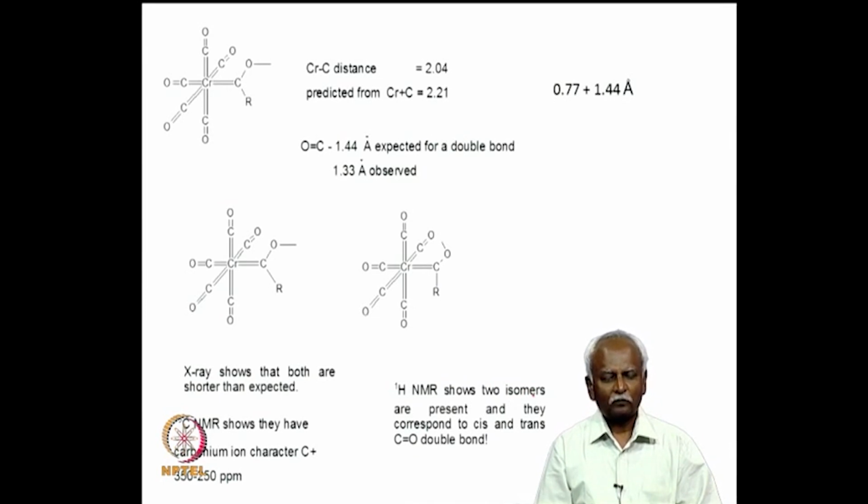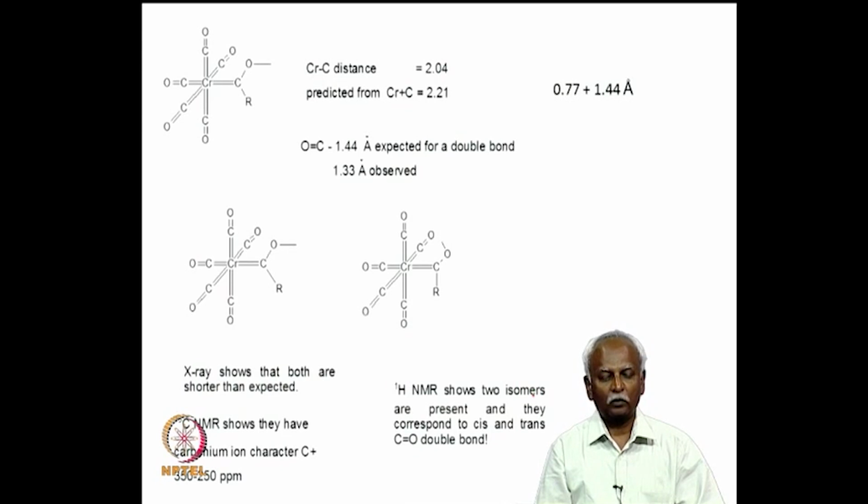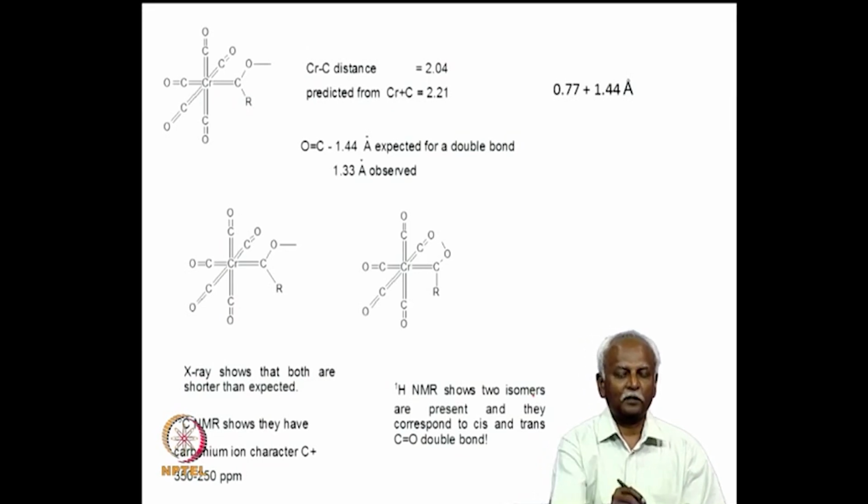So, let us now move on to the hexacarbonyl chromium complex. I have just pictured it here to show you that one normally does not write the carbonyl complex as a metal double bond C double bond O structure. That makes it look very awkward, because we are not used to chromium bearing 12 bonds as it is pictured here.